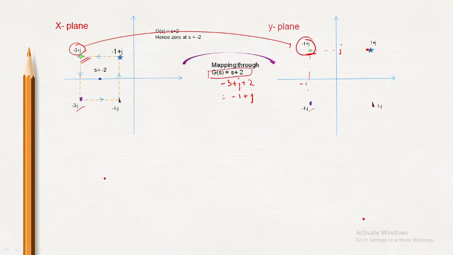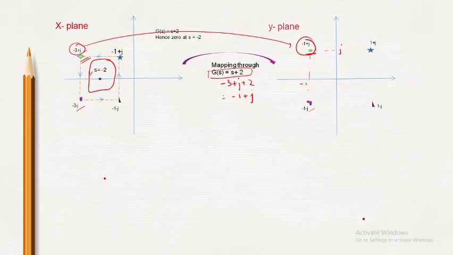So just see, in this contour we had traveled in the anti-clockwise direction, and if you want to see the direction in which the mapped contour is traversed, you will see that this is also happening in the anti-clockwise direction.